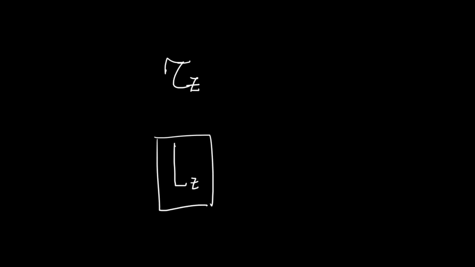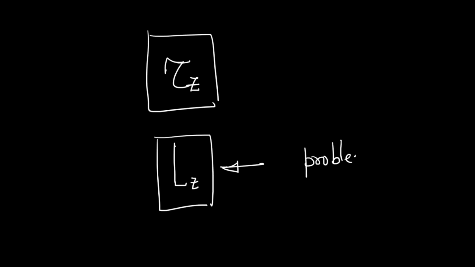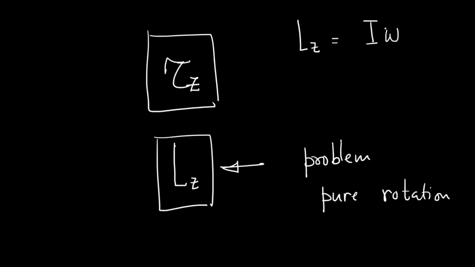In my next video I'm going to completely discuss how to calculate Lz, in particular for pure rotation. I'll tell you the result beforehand: Lz will turn out to be some constant times omega. This is the result that will be proved in the next class.